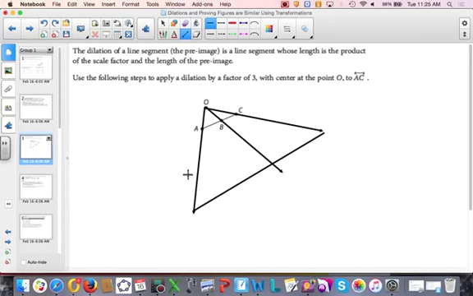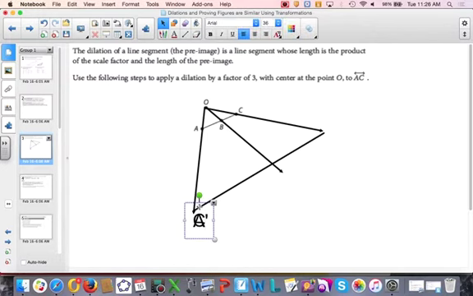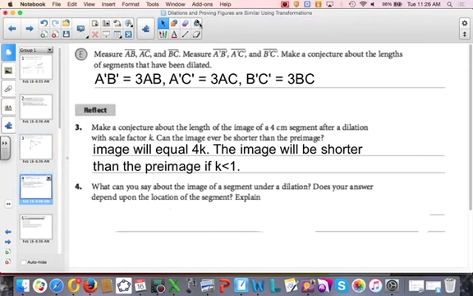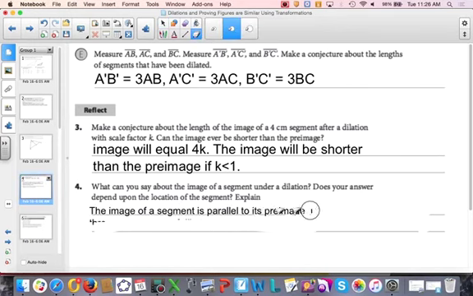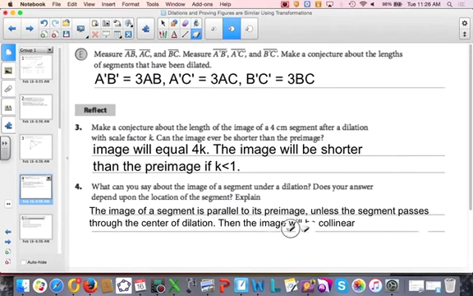And while my sketch isn't perfect, what I'd hope that you'd notice is that AC is parallel to A prime C prime. And so the image of a segment is going to be parallel to its pre-image, unless the segment passes through the center of dilation. Then the image would be collinear with the pre-image.